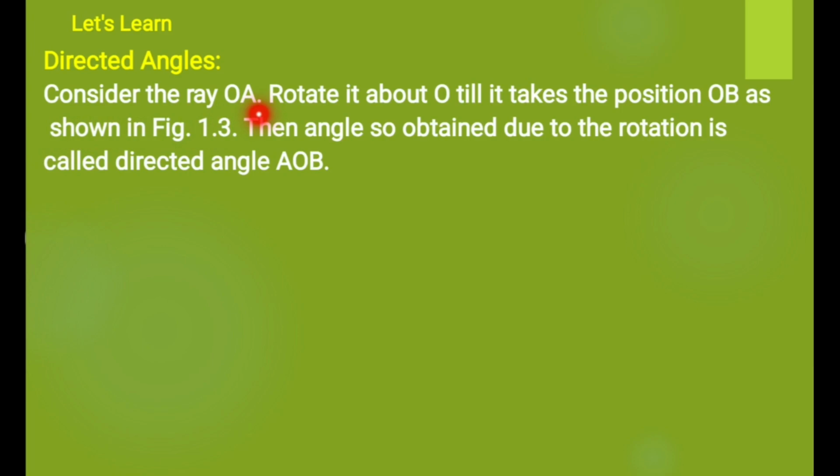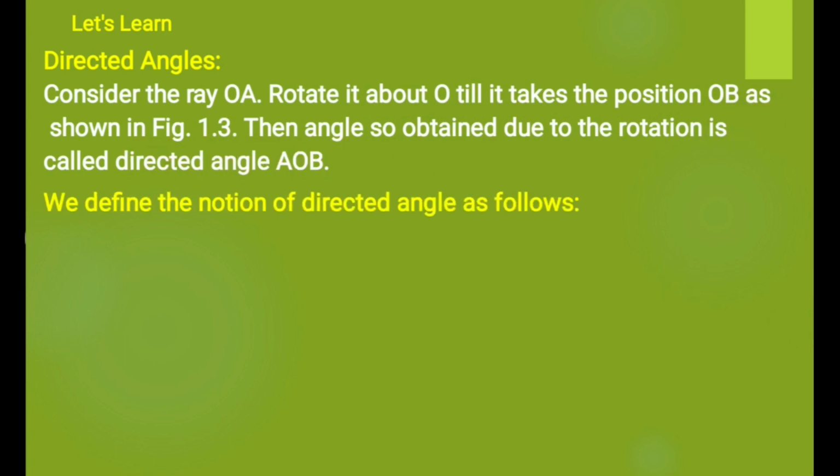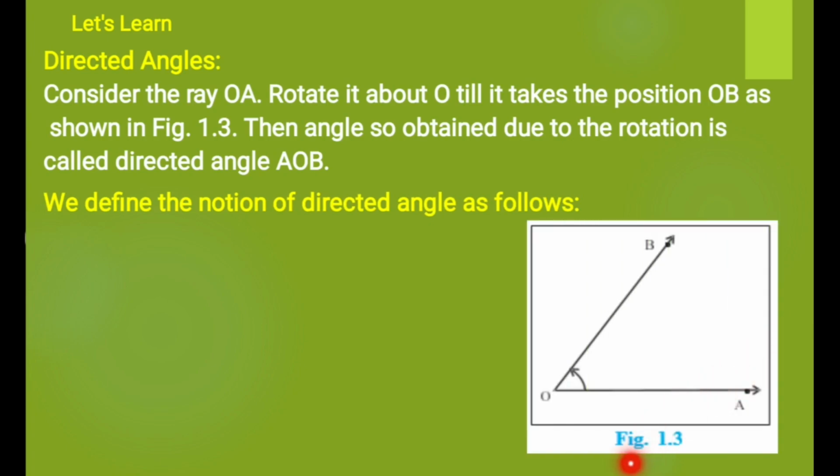Consider the ray OA, and rotate it about O till it takes the position of OB, as shown in figure 1.3. So here the figure is 1.3. We consider the ray OA; this is the initial ray. We rotate this till it takes the position of OB.